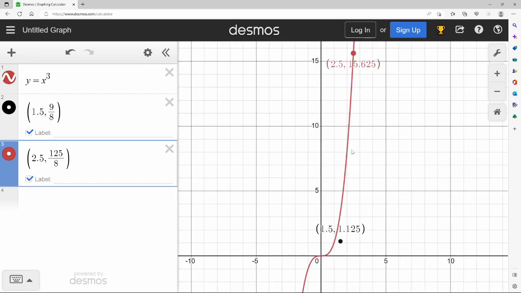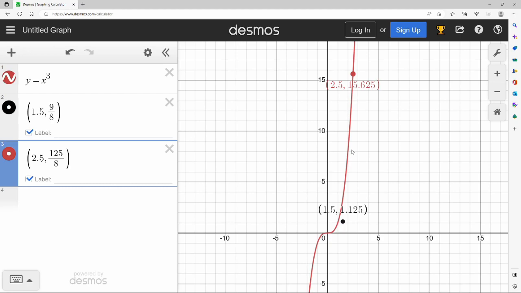Alright, let's zoom out until we find these 2 points. Okay, so they're a bit closer, and now we need to try and, well, I've done something wrong, because 1.5 comma 1.125 is not on the line. 1.5 is 3 over 2. 3 cubed is 27.